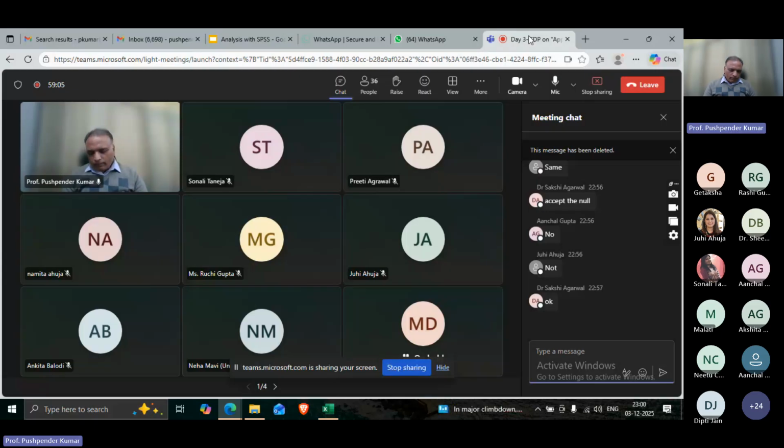Let me ask you one thing before I go further. In the t-test, how many dependent variables did I have? Write in the chat box. How many dependent variables have I selected in my t-test? 2, 3, or 1?